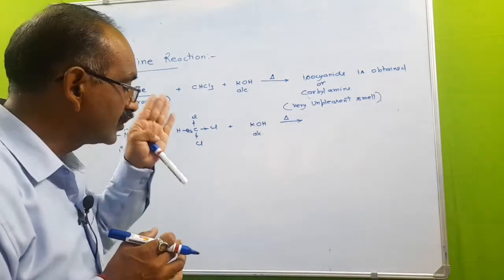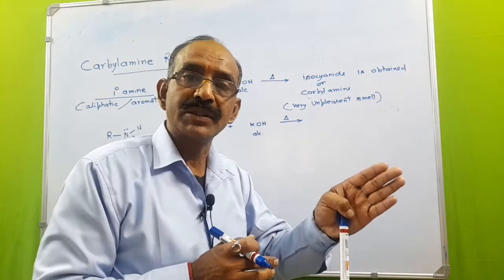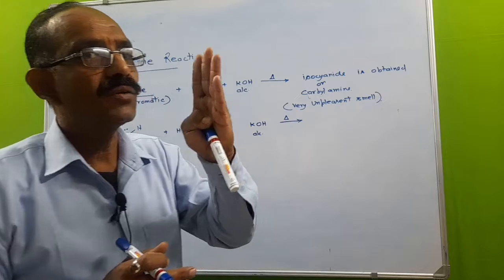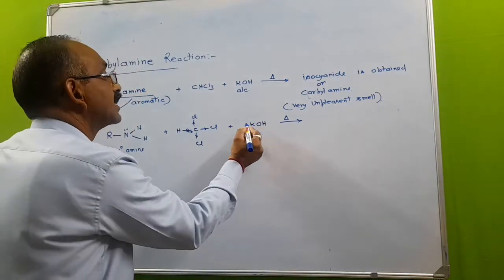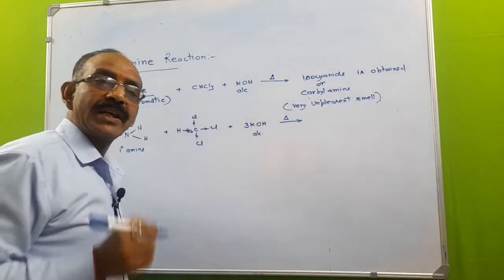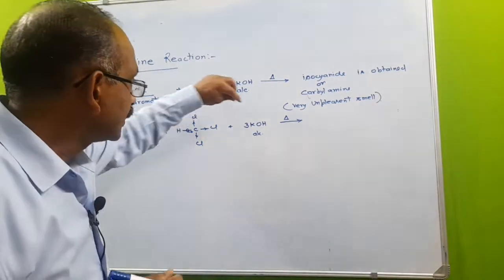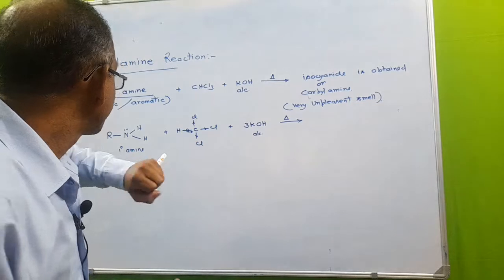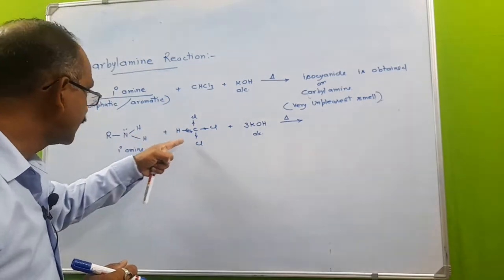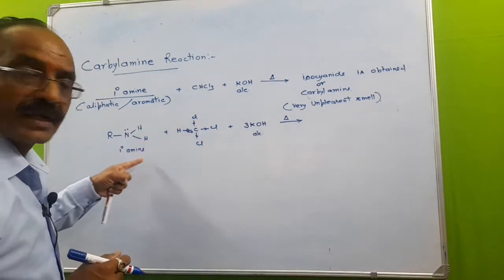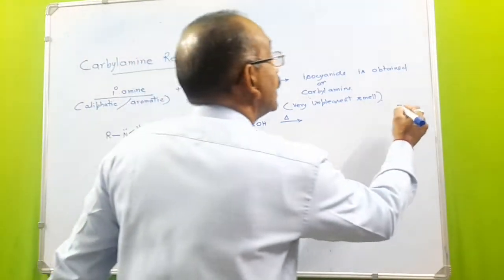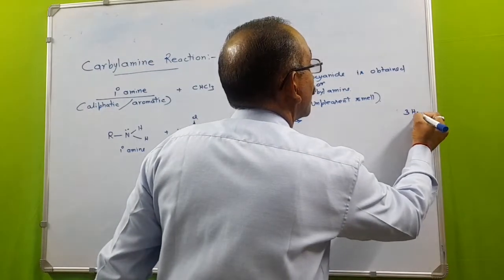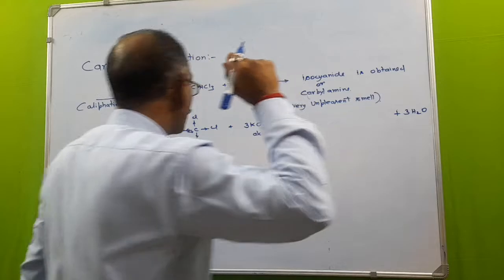So in order to remove the electropositive hydrogens, we need 3 OH minus ions. That's why 3 KOH molecules are taken here. Now these 3 OH minus set free by the alcoholic KOH abstract these 3 electropositive hydrogens in the form of 3 water molecules. Now what will happen?